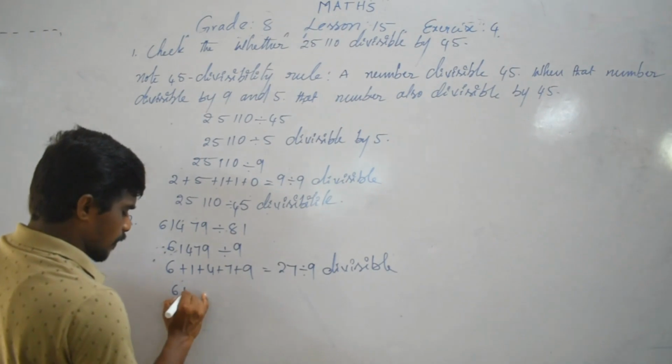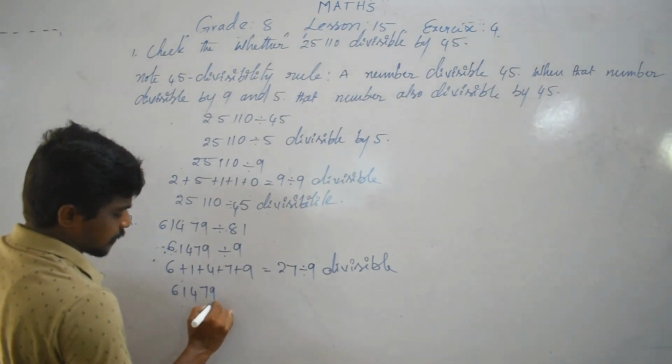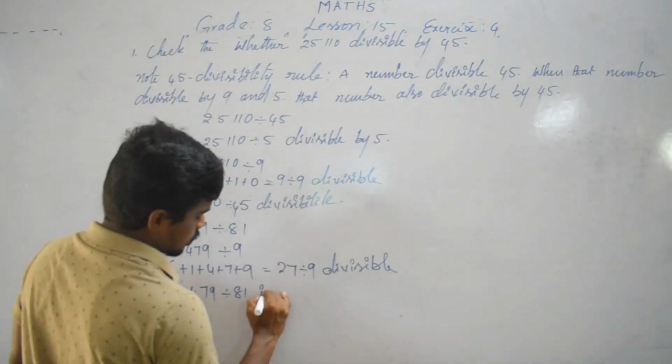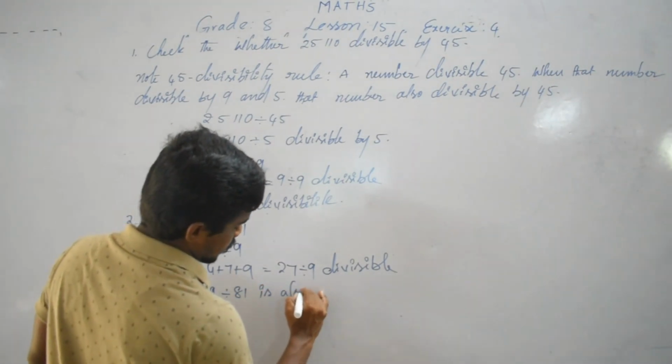So 61,479 divided by 81 is also divisible.